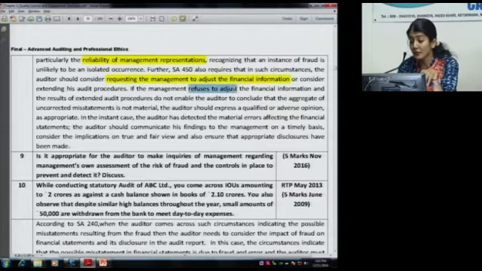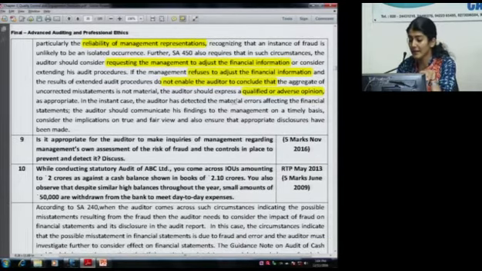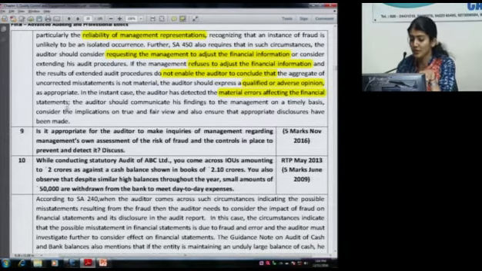If the management refuses to adjust the financial information and the results of the extended procedures do not enable the auditor to conclude that the aggregate of uncorrected misstatements is not material, he will express a qualified or an adverse opinion. In the instant case, the auditor has detected material errors affecting the financial statements. He shall communicate to the management and consider the implications on the true and fair view.